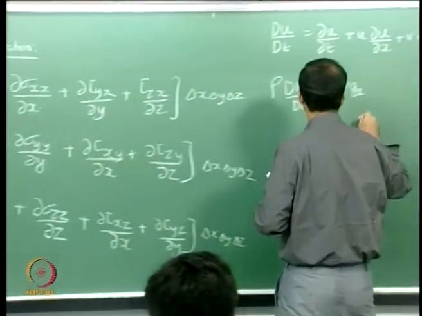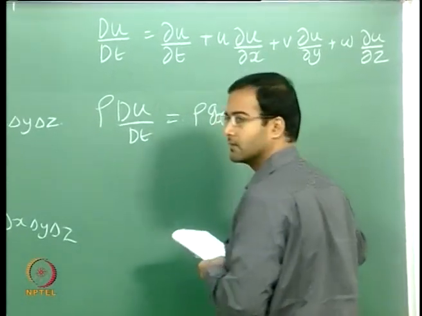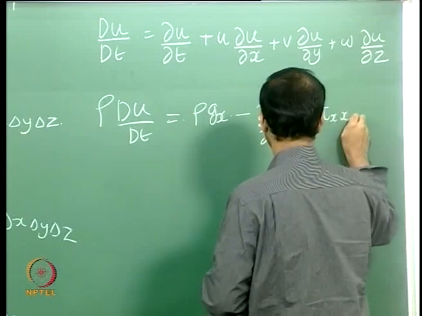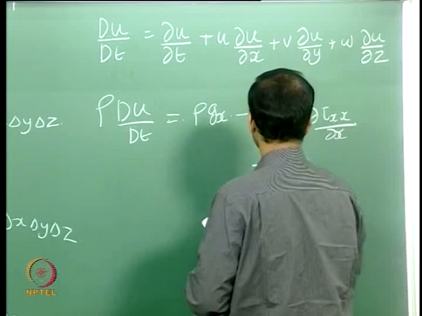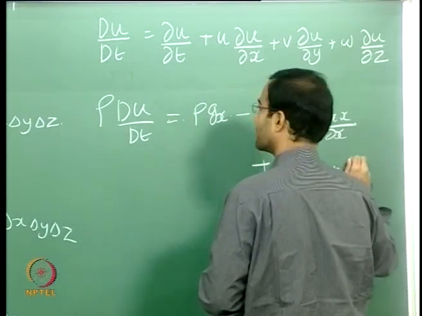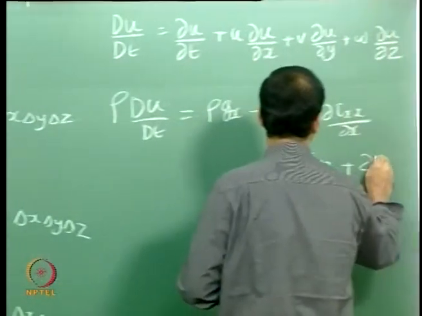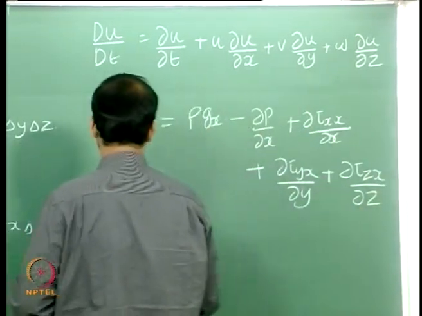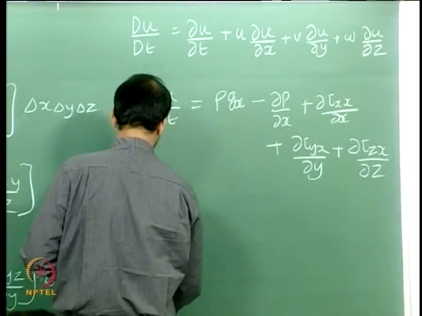Okay, so I am going to say minus dp by dx, plus d tau xx by dx plus d tau yx by dy plus d tau zx by dz. So on and so forth in the other directions. I think you can fill in the blanks yourself.